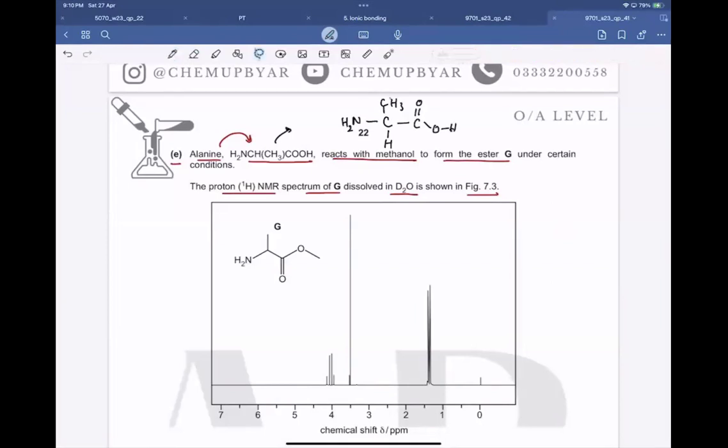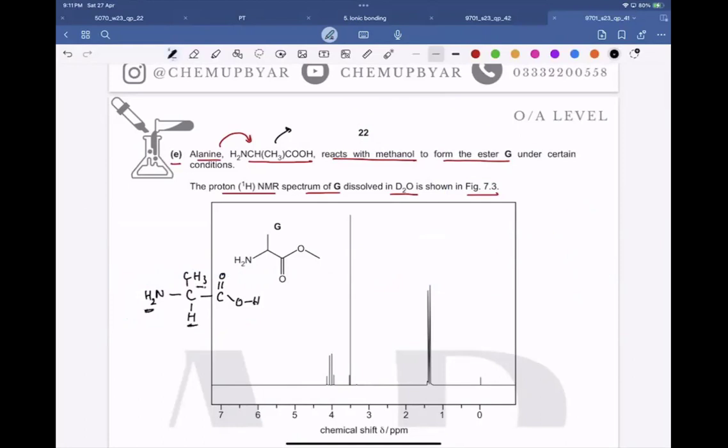If you look at this structure, how many different kinds of hydrogen does it have? 1, 2, 3, 4. There are 4 types of hydrogen, right?